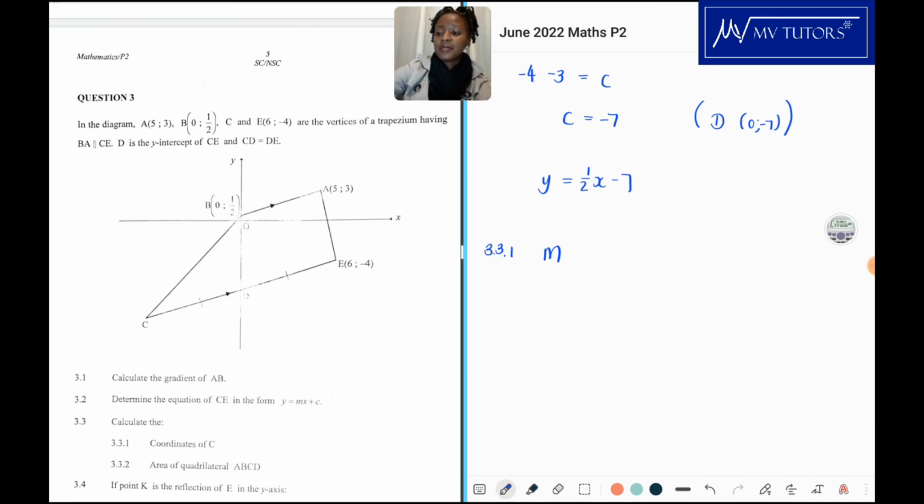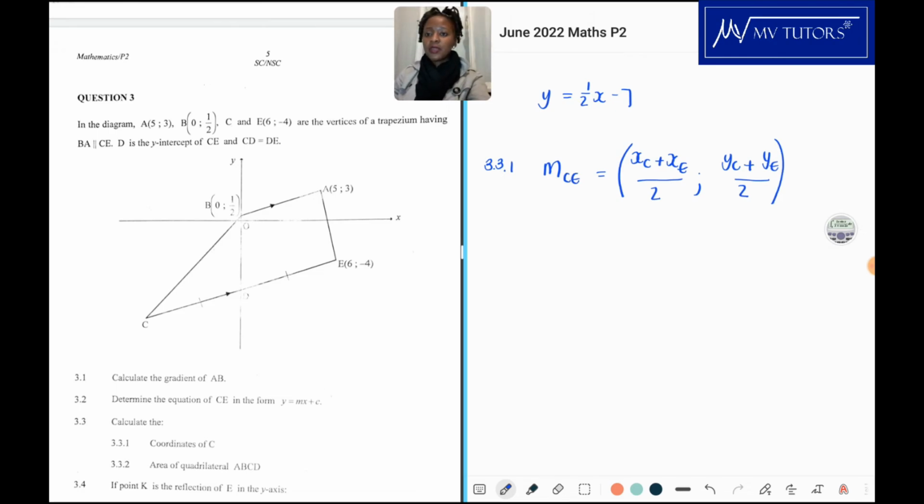How do we implement it? So the midpoint of CE, I'm basically going to take the x-coordinate of C, plus it with the x-coordinate of E. I know we're used to subtracting, but in this case we are adding. Alright, and then the y-coordinate of C plus the y-coordinate of E all over 2.